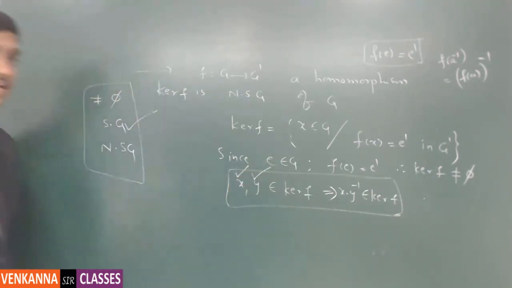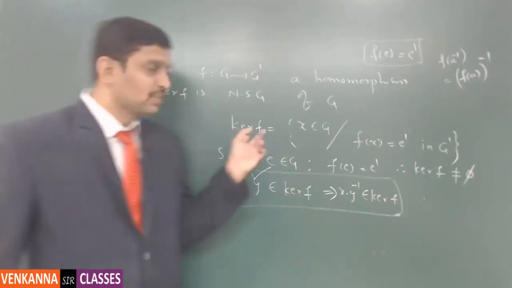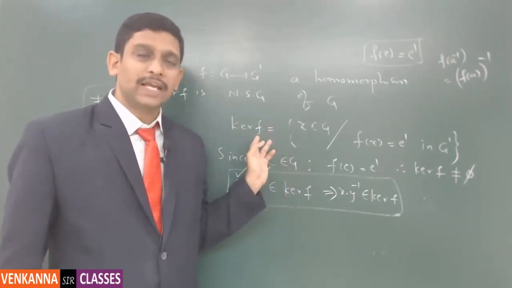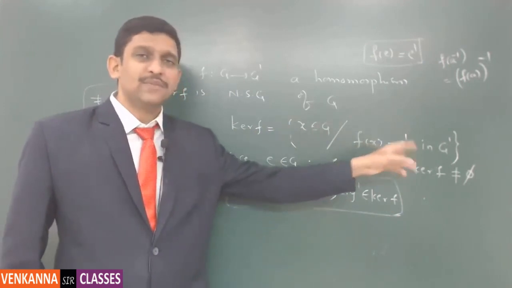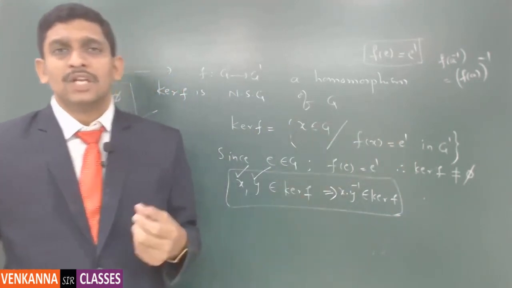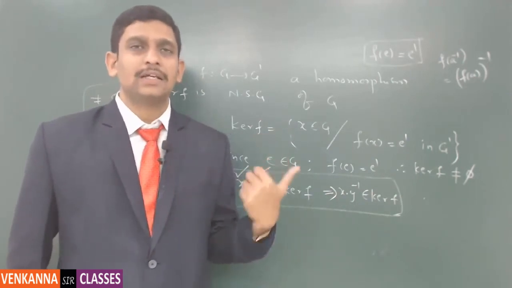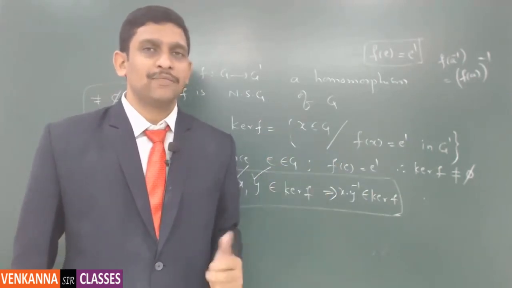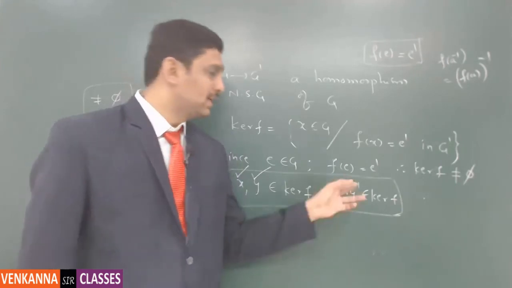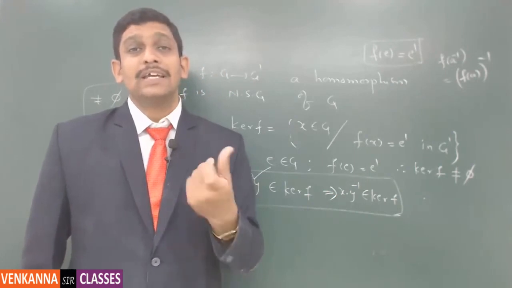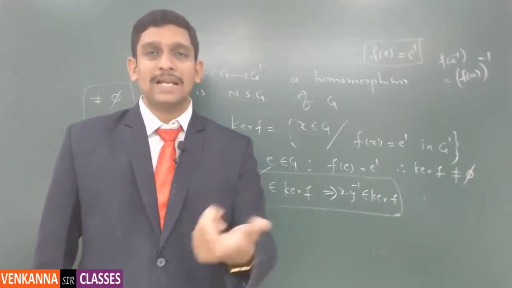So let us take x and y in the kernel. Now observe the definition of kernel. If I want to show that an element a belongs to the kernel, its image must be identity. Similarly, if I want to show that xy inverse belongs to the kernel, I have to show that xy inverse's image must be identity.